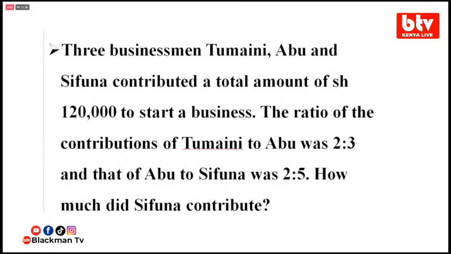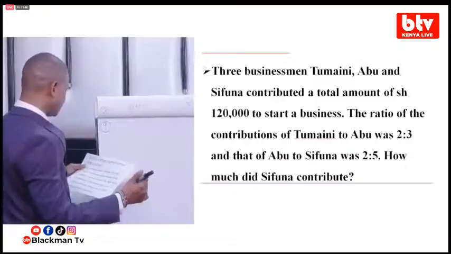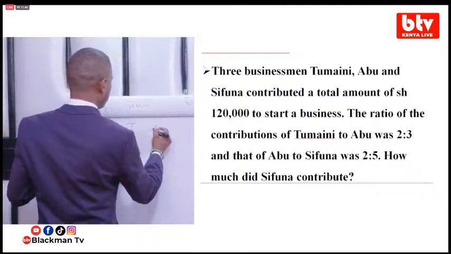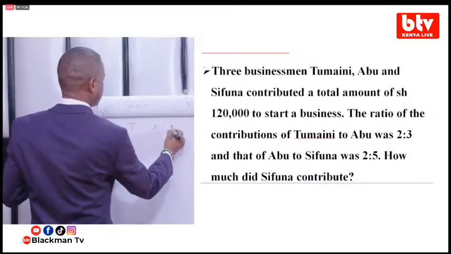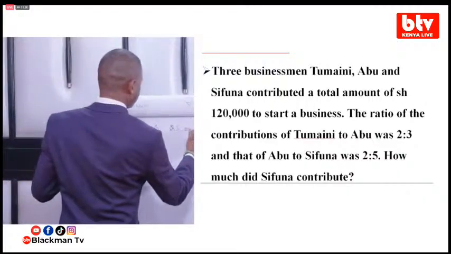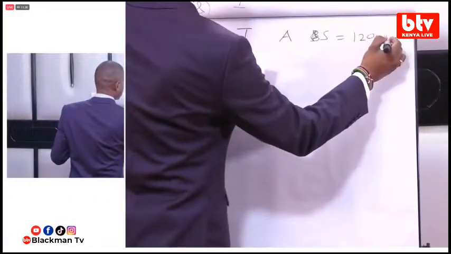The ratio of their contributions of Tumaini to Abu was 2 to 3, and that of Abu to Sifuna was 2 to 5. How much did Sifuna contribute? So, three businessmen, just write down Tumaini, Abu, and Sifuna. Contributed a total of 120,000 shillings.